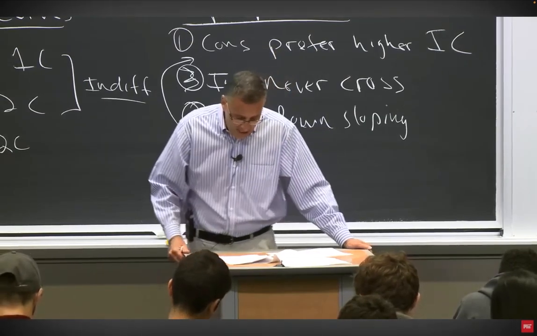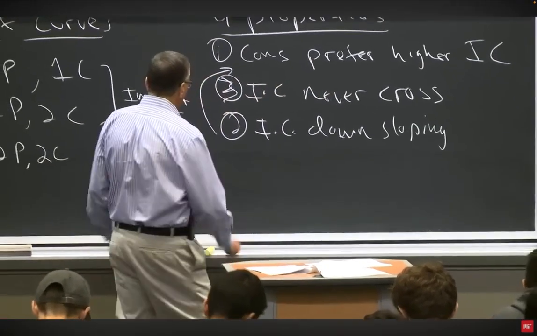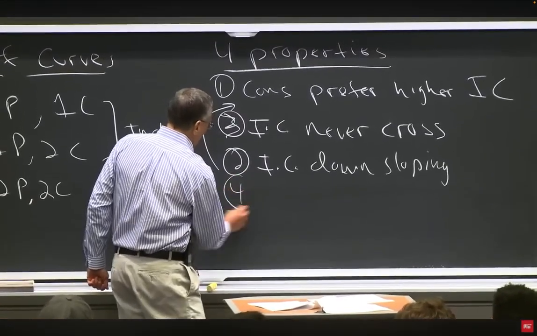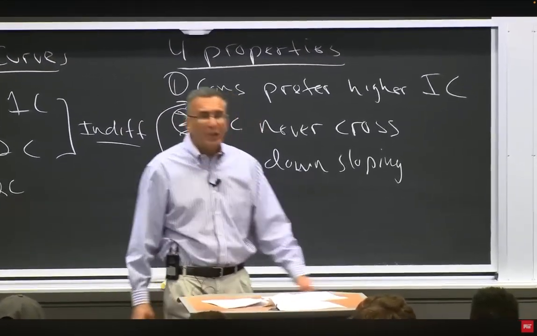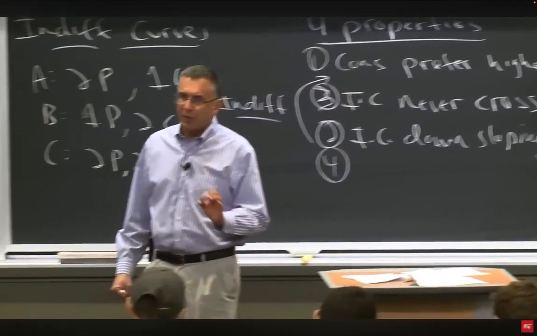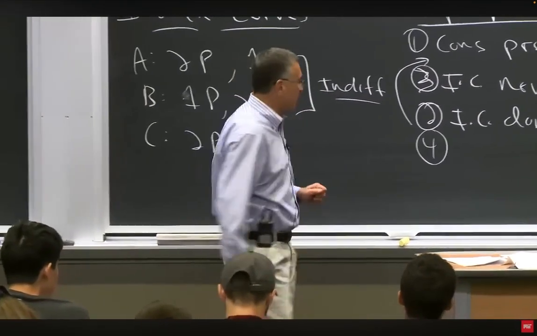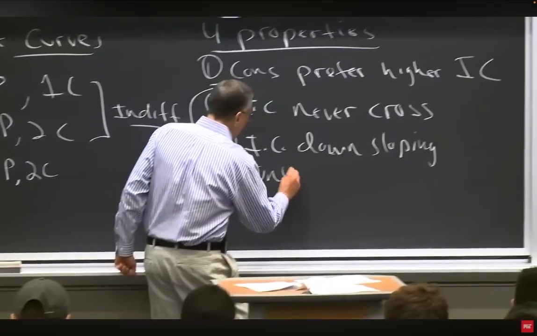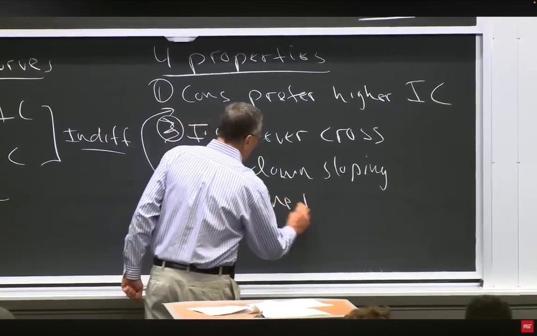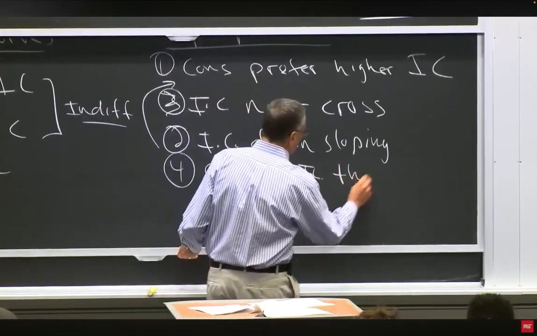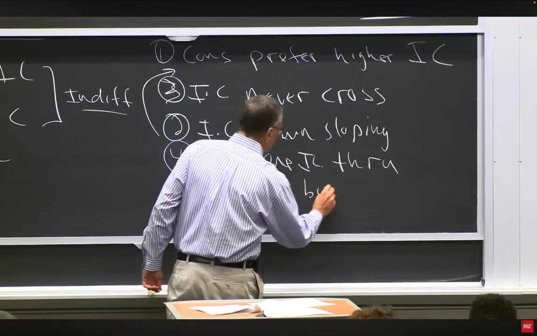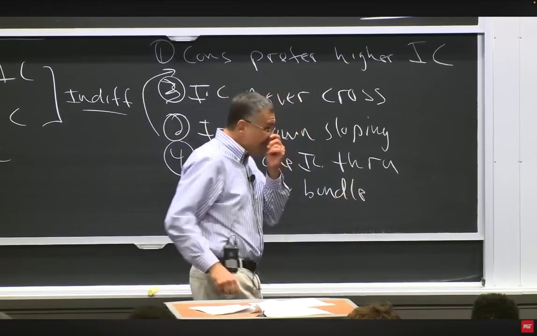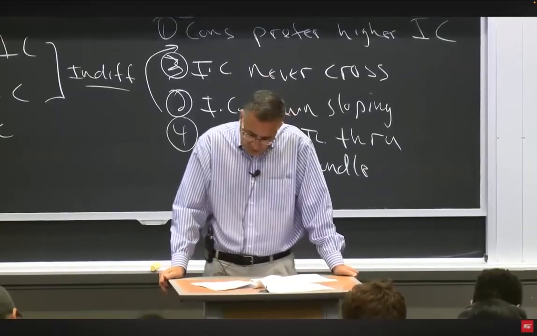And then finally, the fourth is sort of a cute extra assumption, but I think it's important to clarify, which is that there is only one indifference curve through every possible consumption bundle. You can't have two indifference curves going through the same bundle.